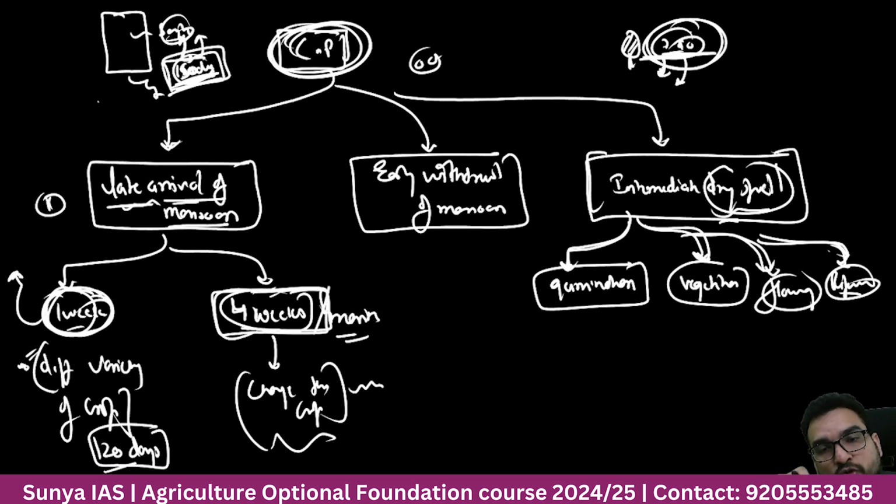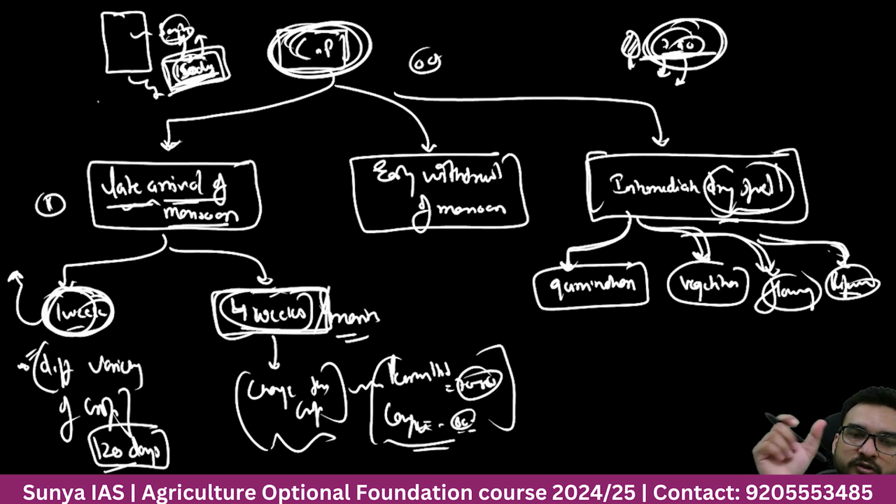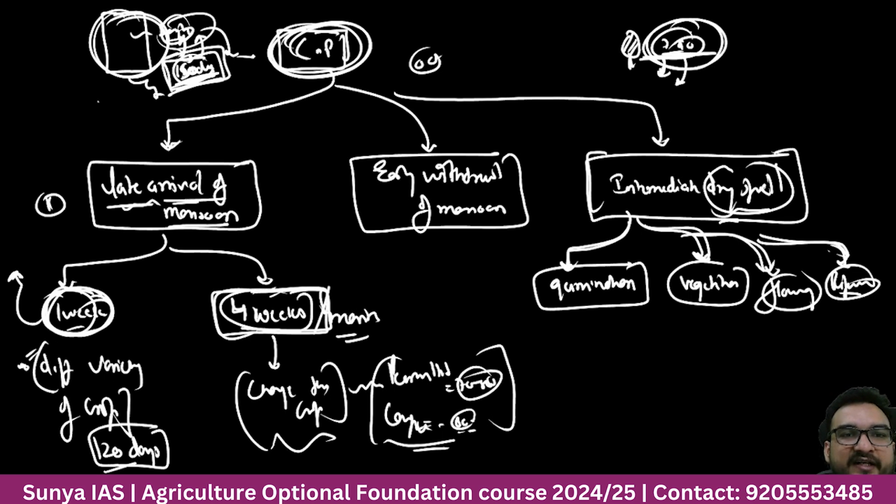I will go for those crops whose growing season is short, like pearl millet, cowpea. Pearl millet growing season is around 70 to 80 days. Cowpea is again 70 to 80 days. Are you understanding? So I would go for those crops whose growing season is less, so that I can get something out of that land. If I plan to grow this sorghum only, then I'll get nothing out of it.